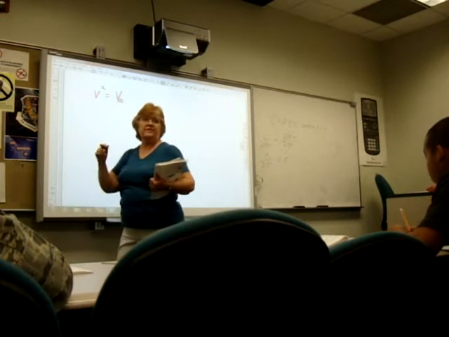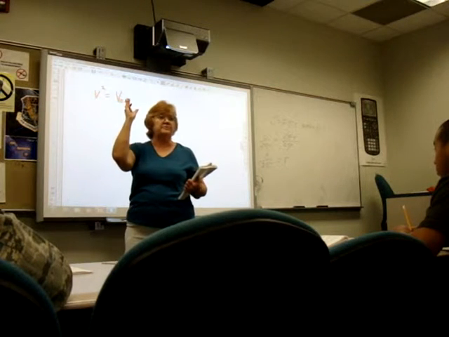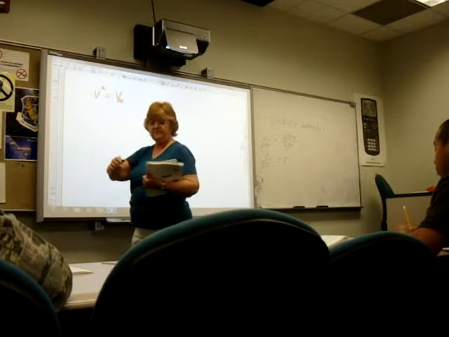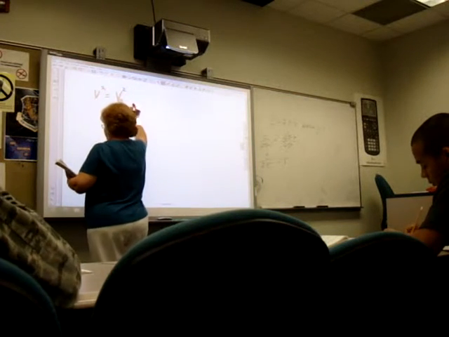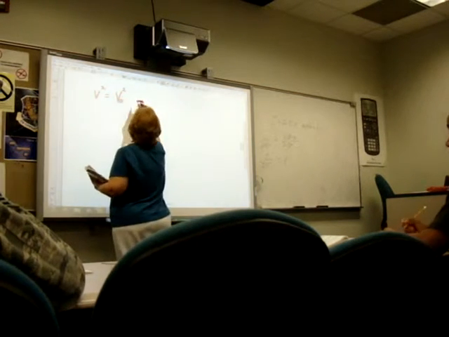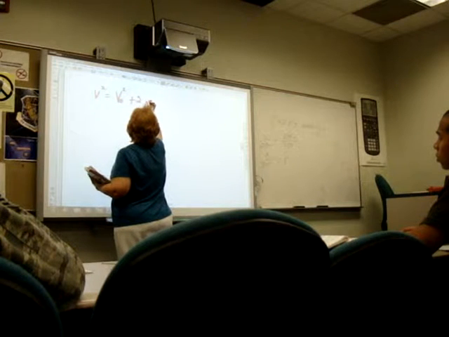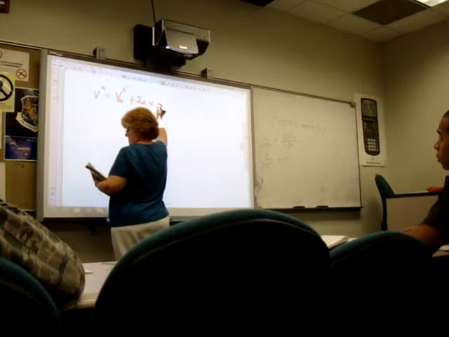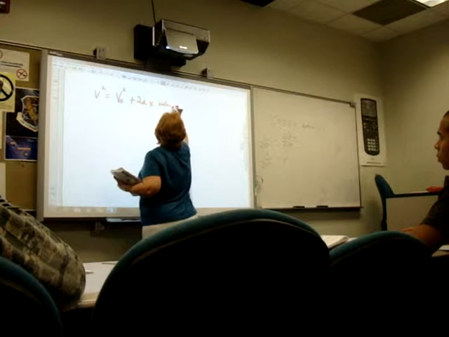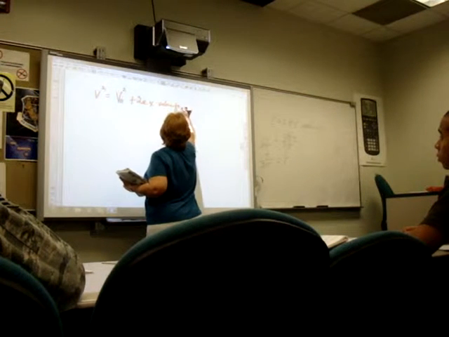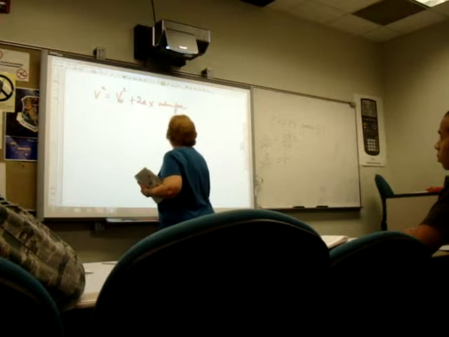That's to tell you that that v is representing something totally different from the others. Okay? If they have different subscripts, they are different values. That's v sub o squared plus 2ax, and you're going to solve this for a. Okay? You're solving it for a.